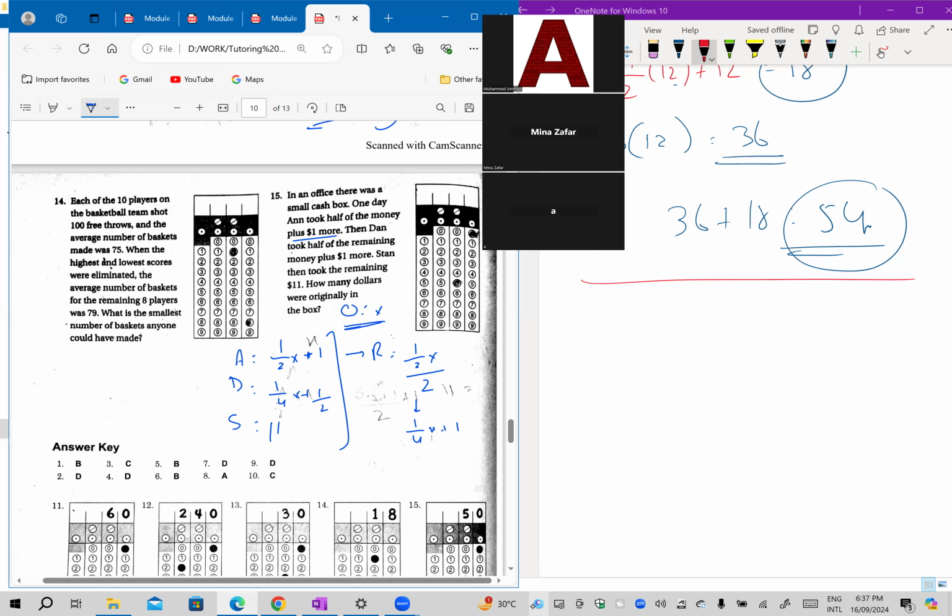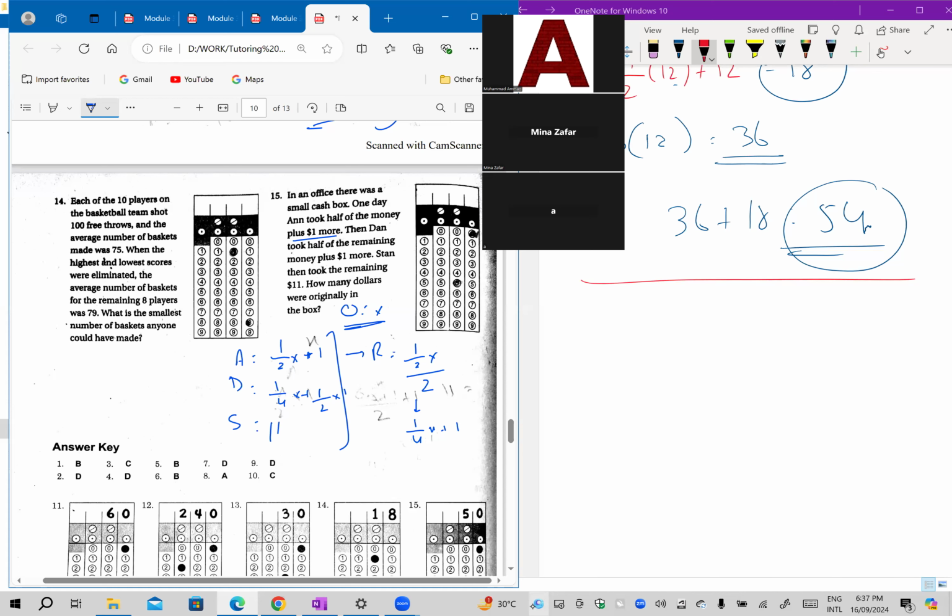Anne took half of the money plus one more, okay? Then Dan took half of the remaining money plus one more. So half of the remaining money was 1 by x divided by 2, which became 1 by 4x. Even that one more that he took, its half is also taken, right? Dan has taken half of every remaining amount.